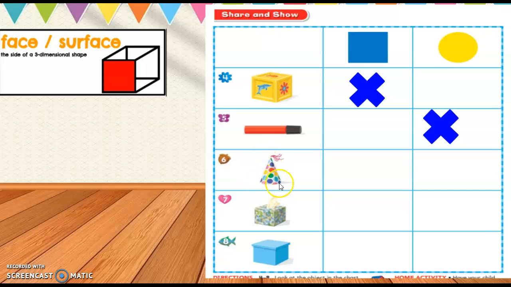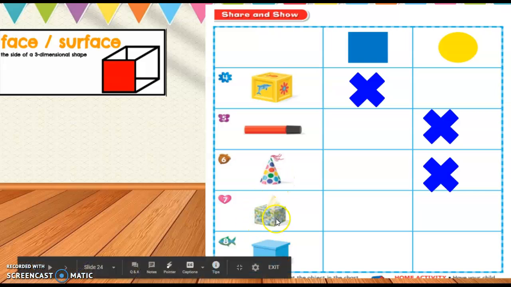What 3D shape is this shaped like? It's shaped like a cone. So what do you notice about the surface of this party hat or of this cone? What shape do you notice is at the surface? A square or a circle? A circle. Awesome job.